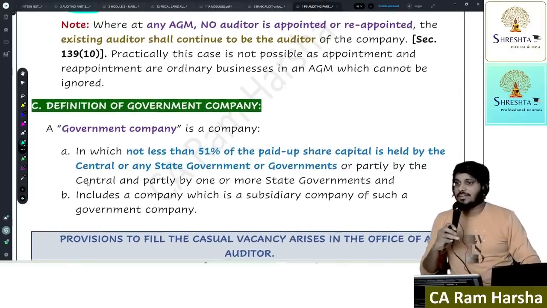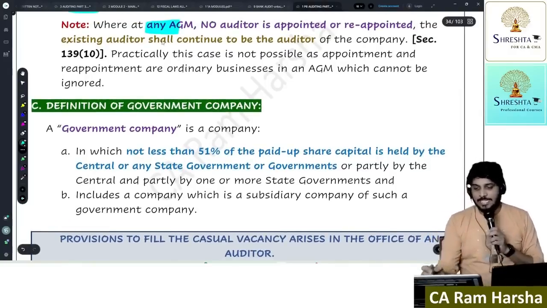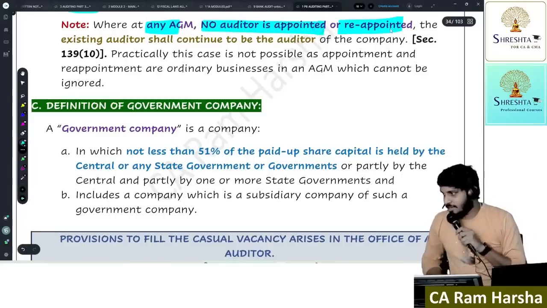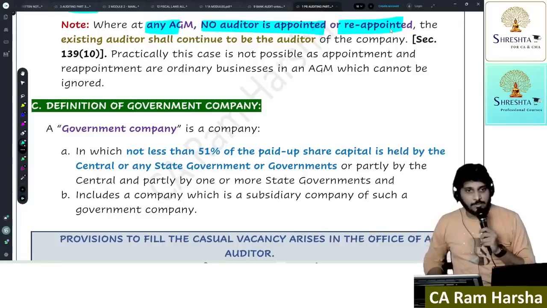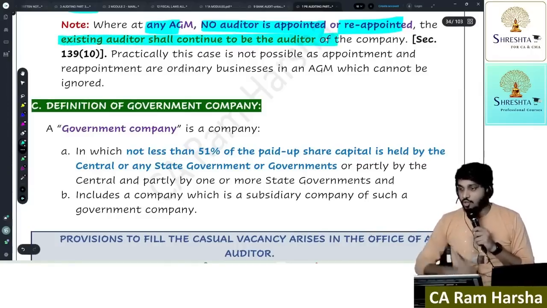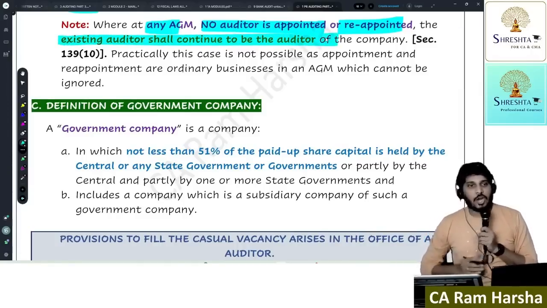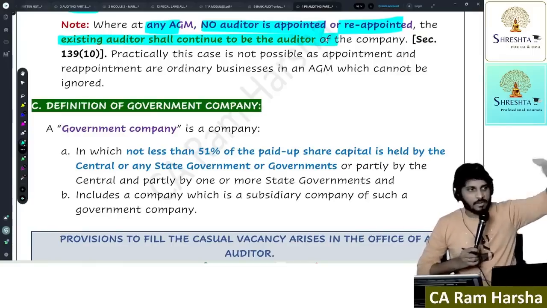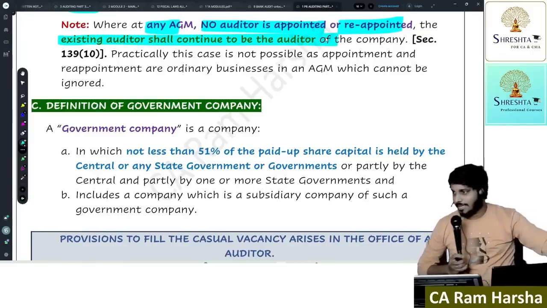Next. Everyone clear? Where at any AGM no auditor is appointed or reappointed, the existing auditor will continue to be auditor. This provision is copy pasted from the previous Companies Act to this Companies Act. Now in this Companies Act, there is no relevance for this. Getting the point?